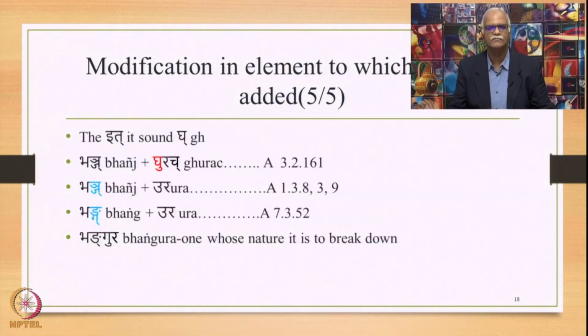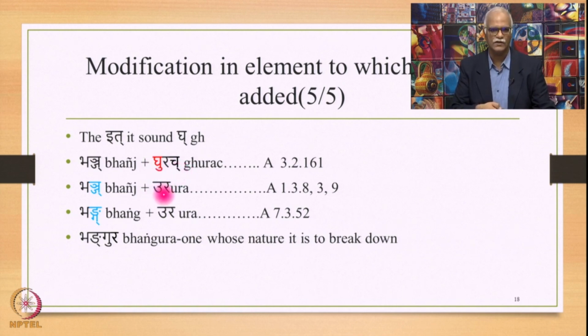Let us look at the last example in this particular function, that is the it sound gh. So here we have the verbal root bhanj, meaning to break, to which is added the suffix ghurach by 32161, in which gh is termed it by 138 and cha is termed it by 133, and then both of them get deleted by 139.